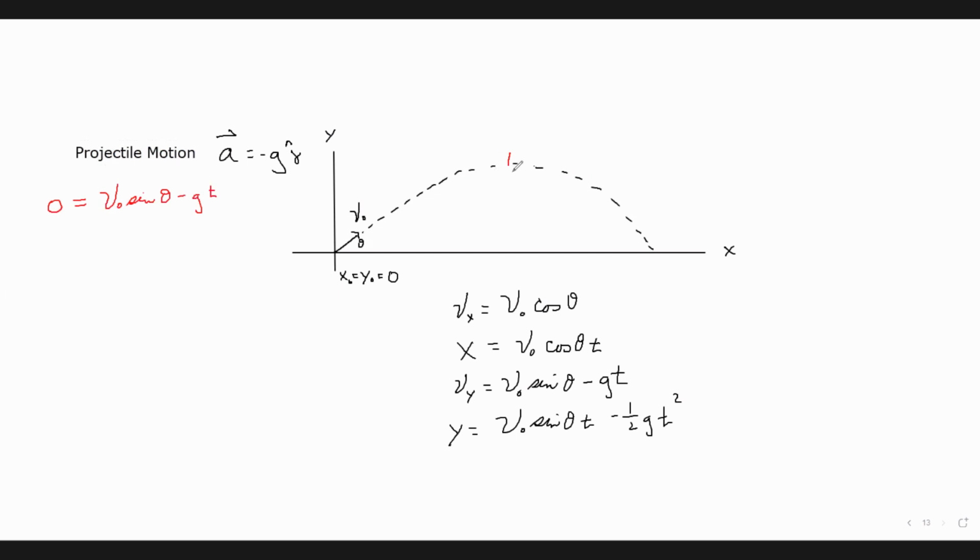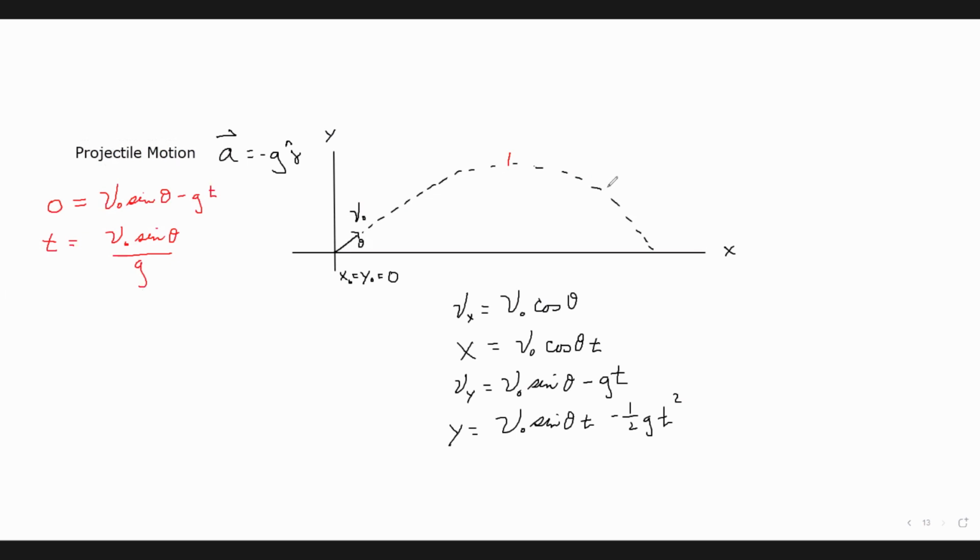So what is the time to get to that point? The time to get to that point, t, is equal to v0 sine theta divided by g. Now this motion is completely symmetrical in the absence of air friction.